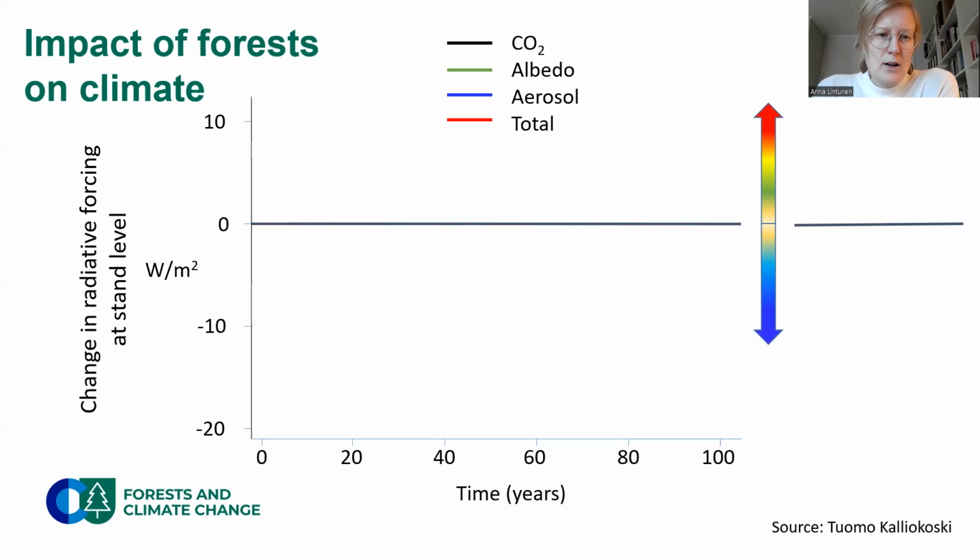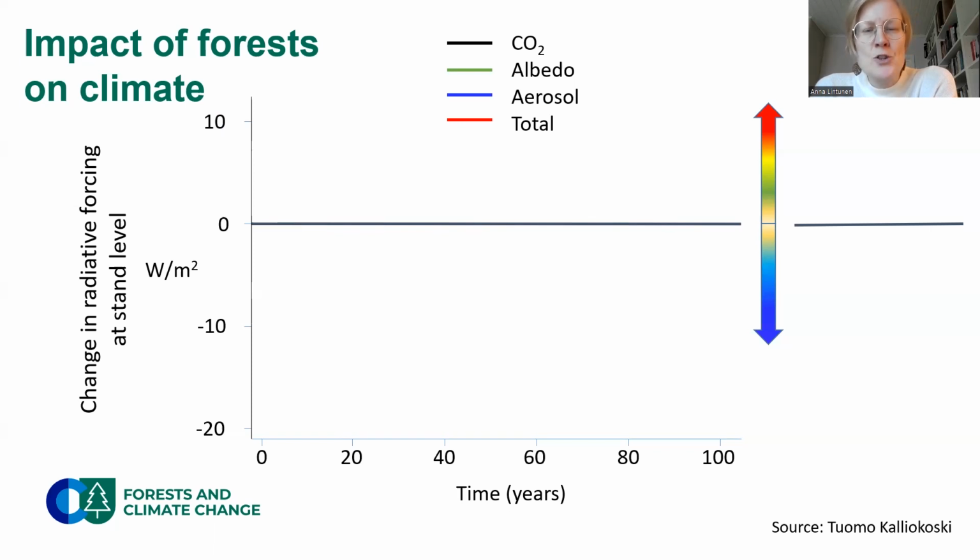So on this figure, we have on the y-axis change in radiative forcing at stand level, meaning that when the radiative forcing has a positive value, it means a warming impact on climate, and when it has a negative value, it means a cooling impact on climate. On the x-axis, we can follow the time from the planting of the forest.